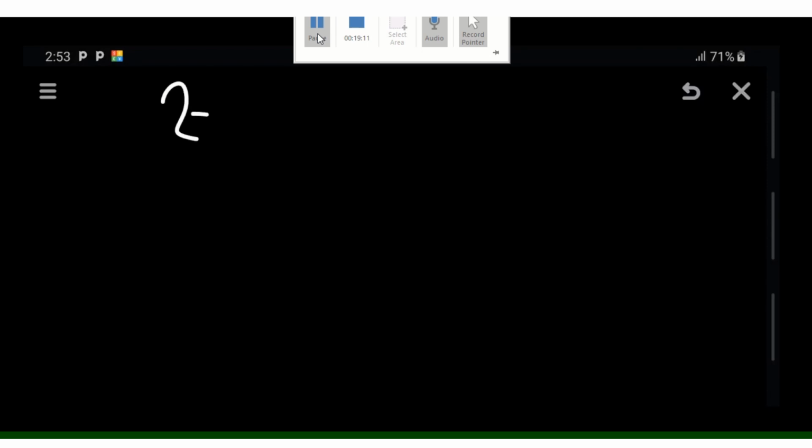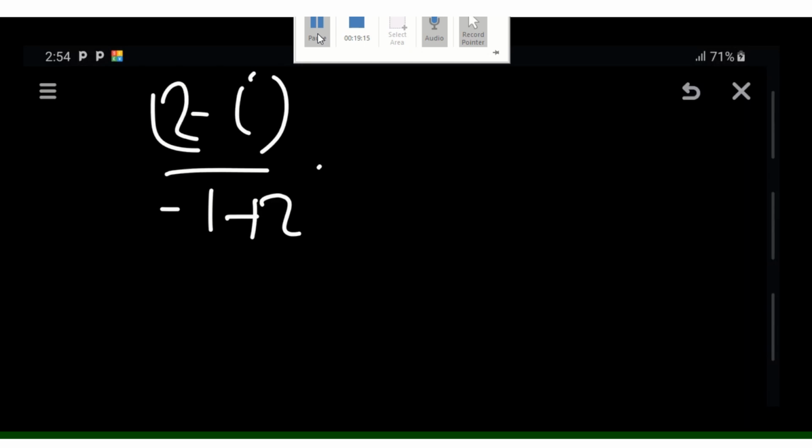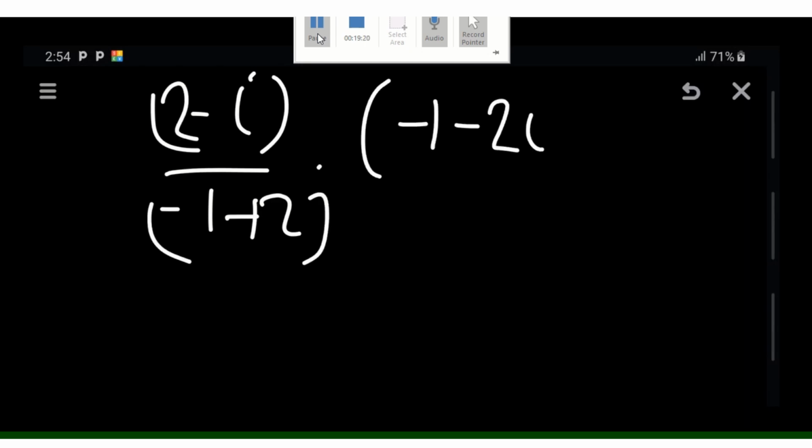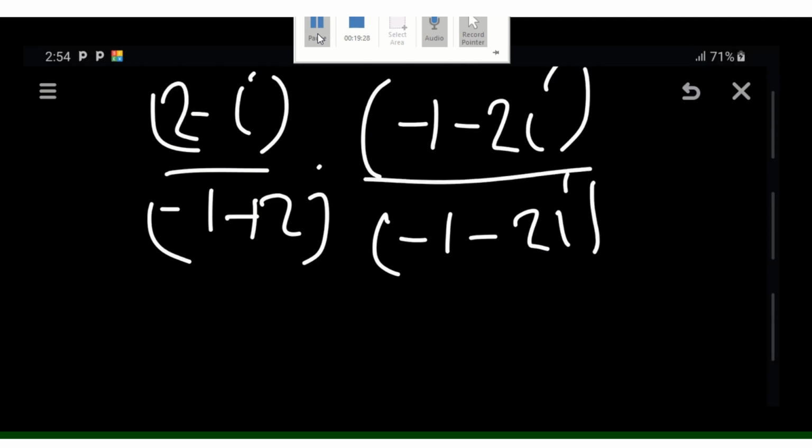So 2 minus i, so we are multiplying this by -1 minus 2i, close bracket, and -1 minus 2i. So we are multiplying here. 2 times -1 is -2. 2 times -2i is -4i. -i times -1 is plus i.